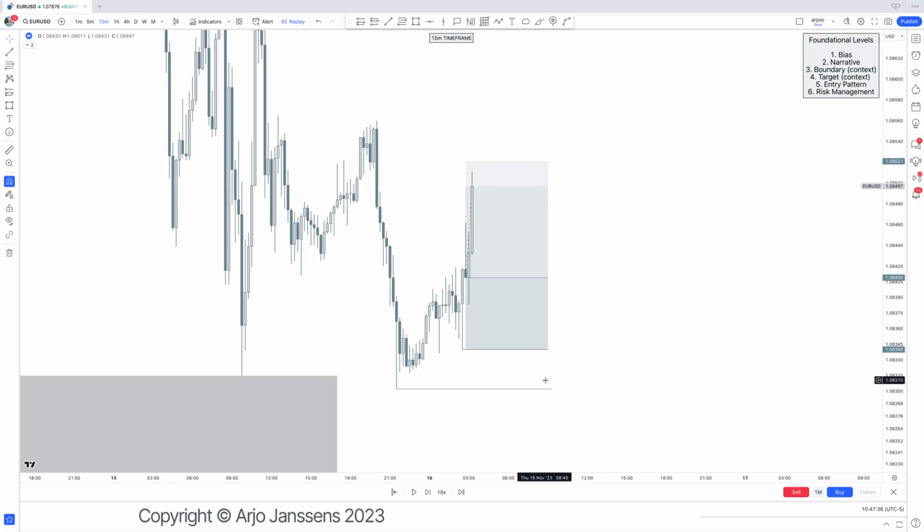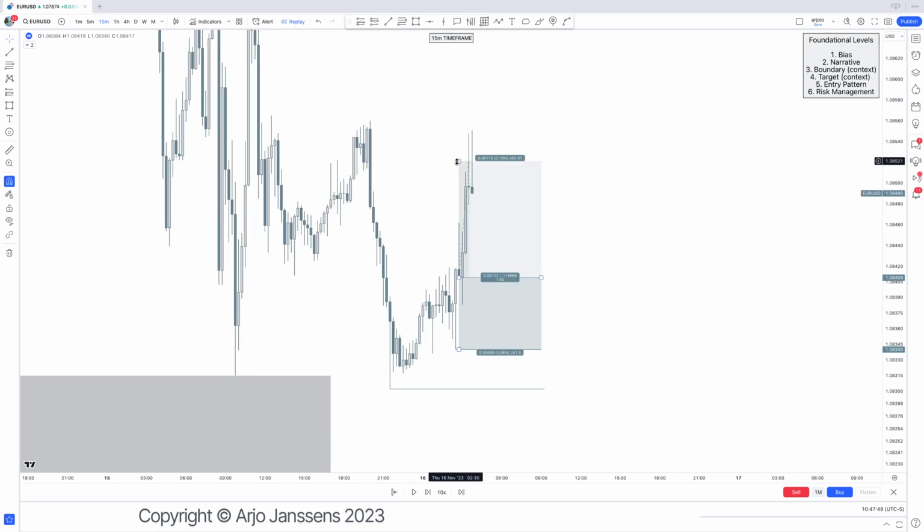A fair value gap below that low if you look at bullish price action, and above that high if we're looking at bearish price action. Here the answer was no. So this right there is the perfect entry to continue higher off of.